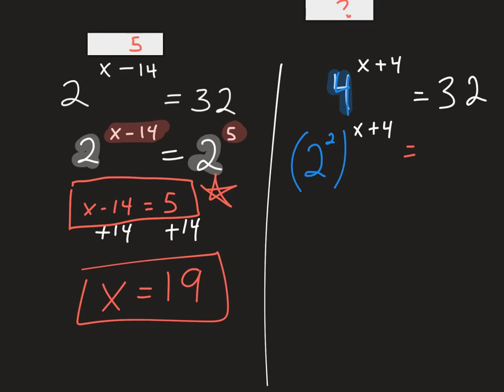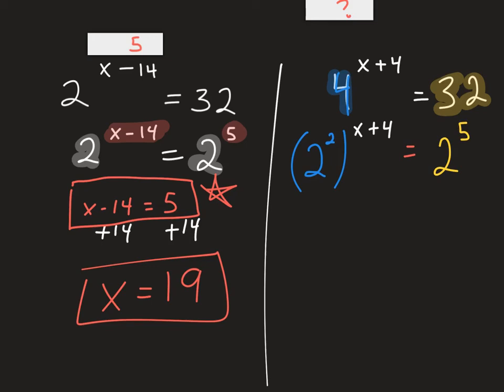Now let's go ahead and think about this right side here. So 32. How can I rewrite 32 with a matching base on the left? So the left has a base of 2, so I'm going to make a base of 2 here. And then 2 raised to something, well, 2 raised to the 5th would be 32. So then 2 raised to the 5th is going to replace the 32 on my right side.